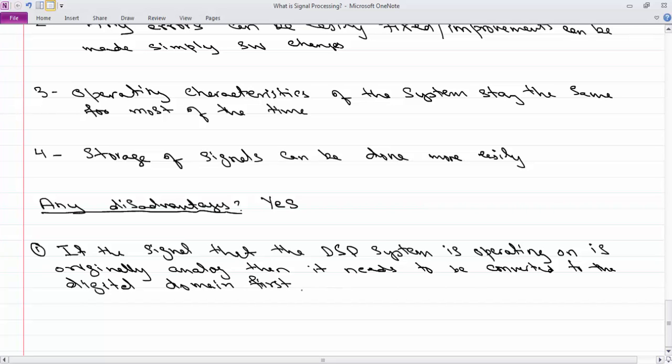And that process is called sampling, which will be a major theme of this course. And sampling always entails some loss of information.